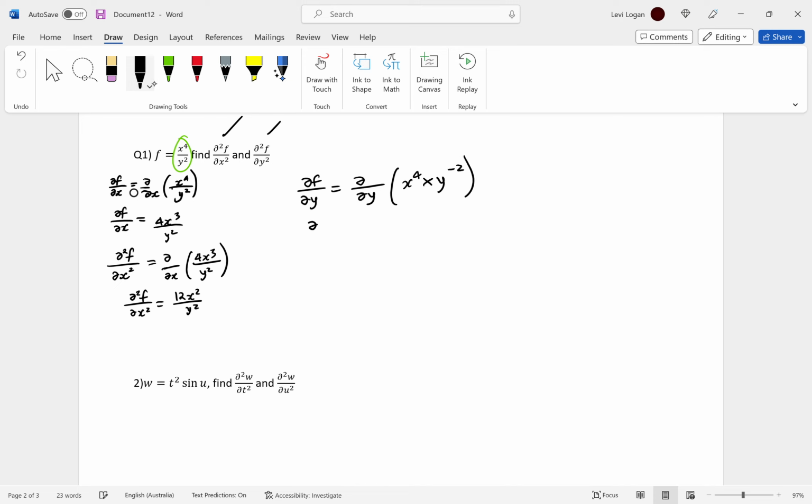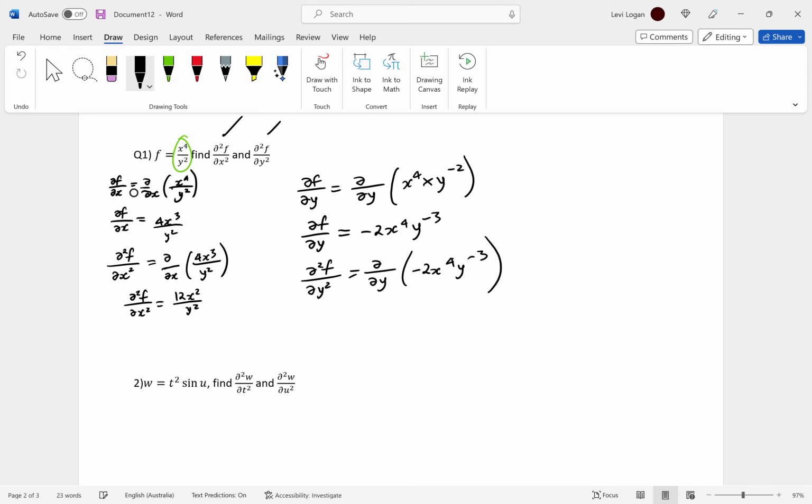So differentiating this whole thing with respect to y, x is a constant, so negative 2 comes down the front, and subtract by 1, so you get negative 3. Alright, I'm going to leave it like this. I'm not going to simplify it yet because we've got to differentiate it again. So second derivative, I'm going to differentiate this entire thing again with respect to y.